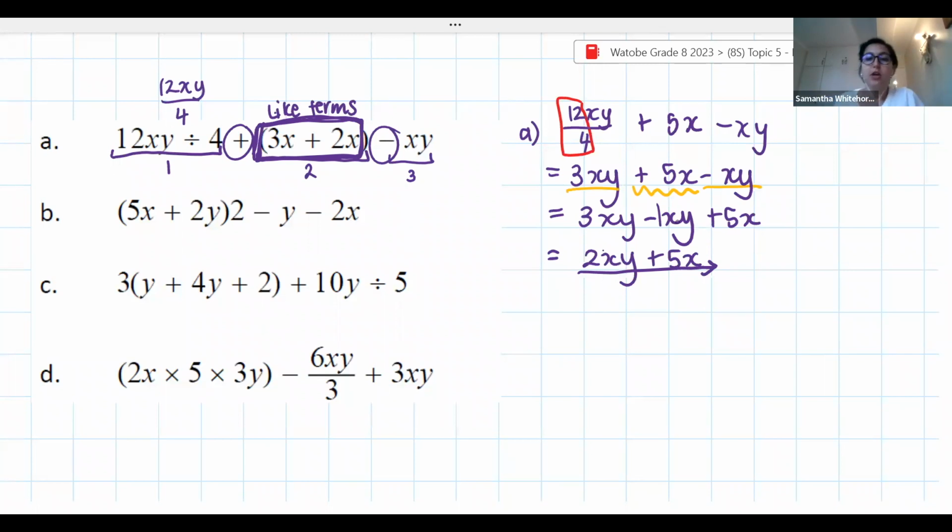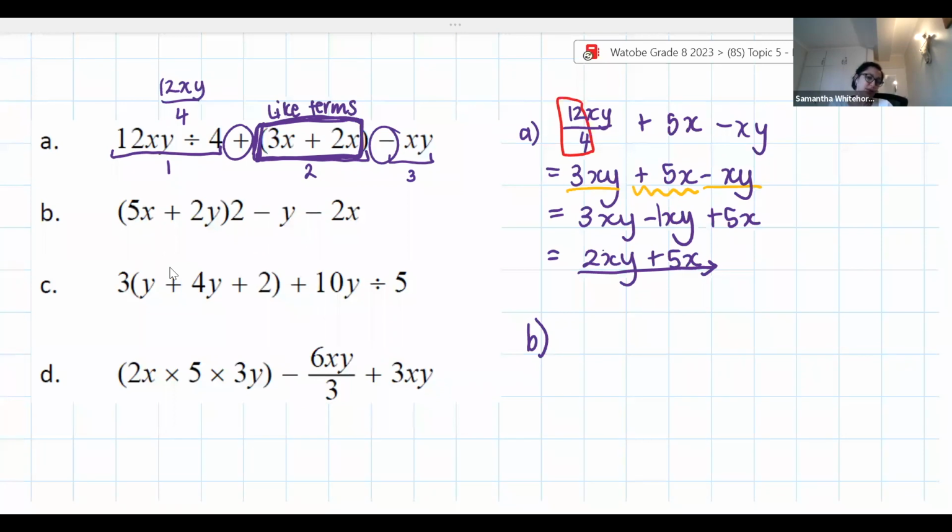So what I want you guys to try is question B for me. Pop your answers on the chat, but give it a try. So think carefully about what you need to multiply or divide first before you start stressing about like terms. And guys, remember those 3 steps.